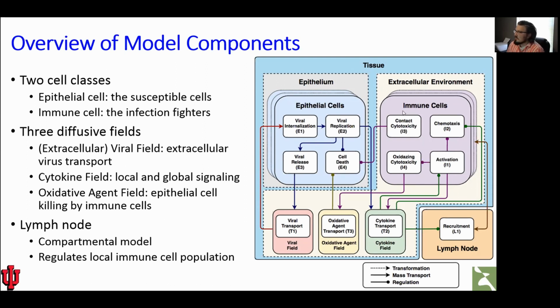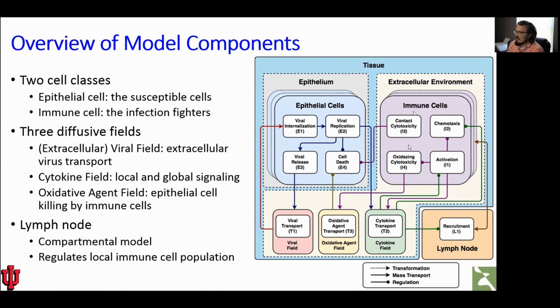Now, the immune cell class, these are cells that are recruited to our local tissue patch, and they do all of the infection fighting. So they have mechanisms of, say, chemotaxis to locate and find infected cells.